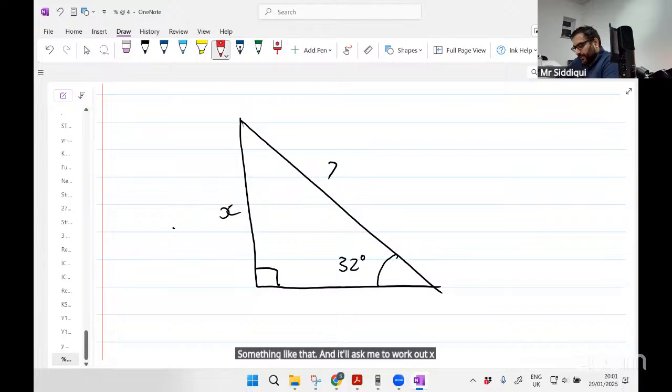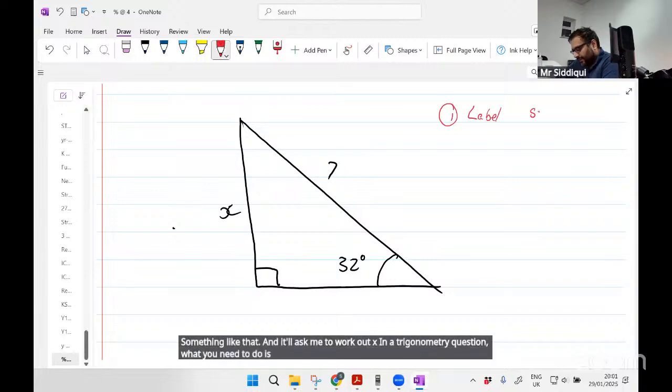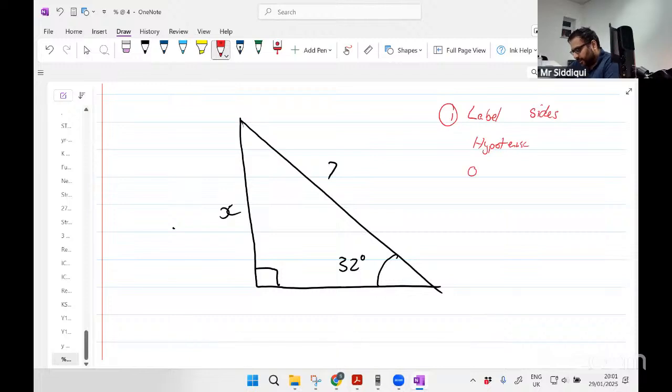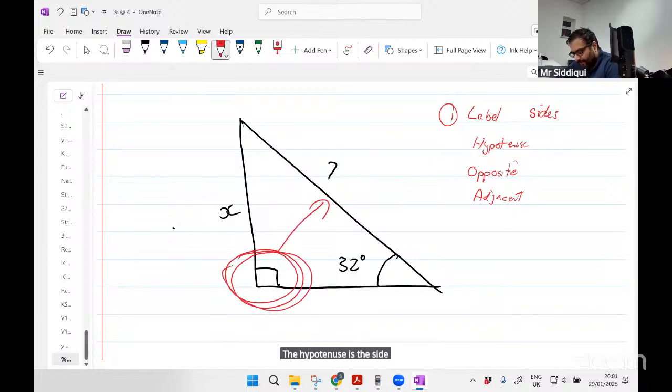In a trigonometry question, what you need to do is label your sides. There are three labels. There is the hypotenuse, the opposite, and then the adjacent. The hypotenuse is the side that is across from the right angle in the question.